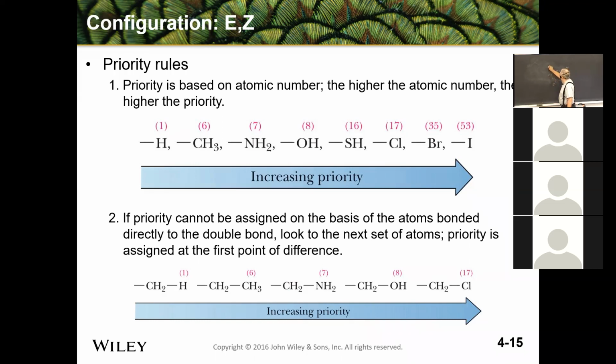So bromine wins out. What about carbon versus hydrogen? Carbon has the higher priority. Priorities are the same here.